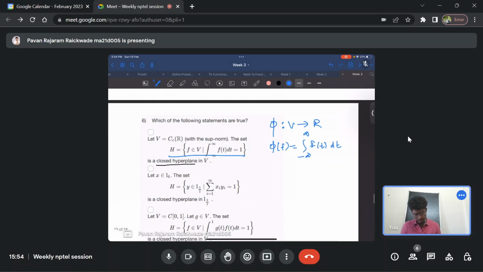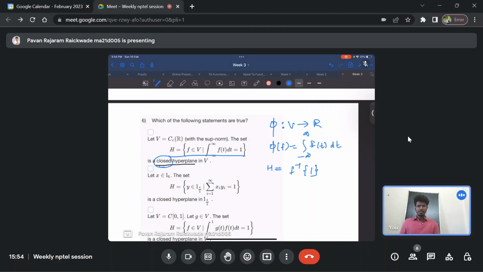So the set H is just phi inverse of the singleton 1, right? Hyperplane is fine, you can see from the definition that H is a hyperplane. But the actual question is about closedness. Is it closed? Actually, it's not.